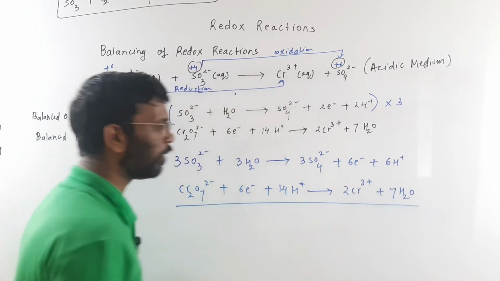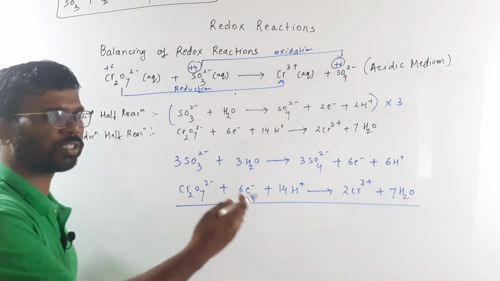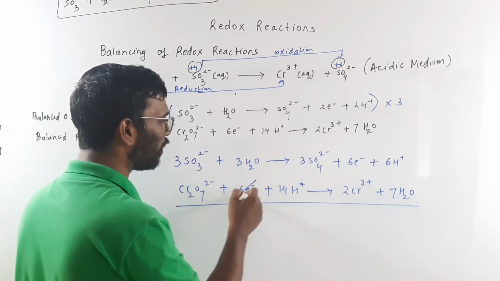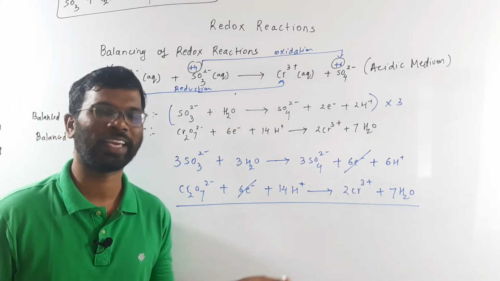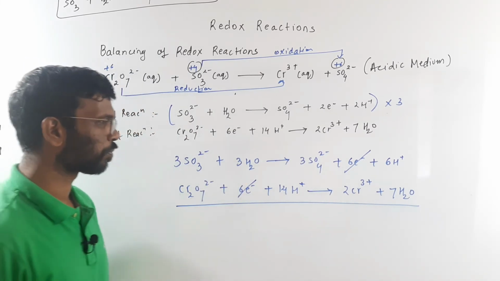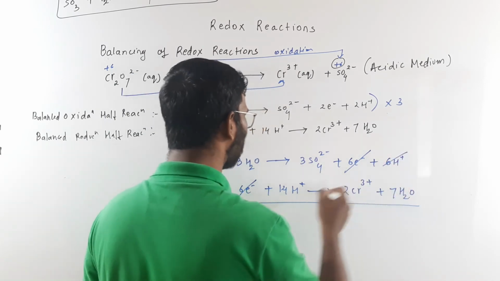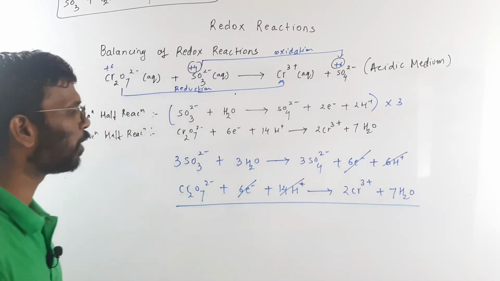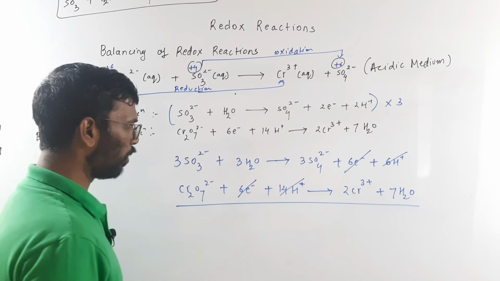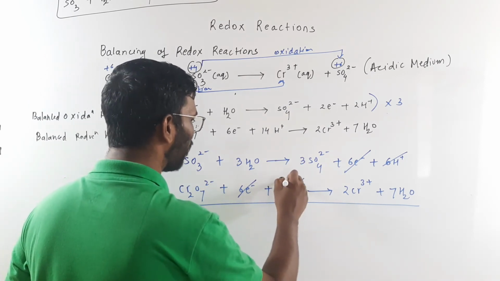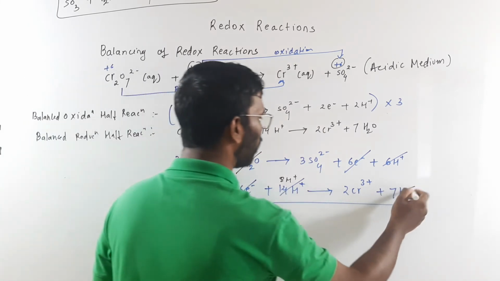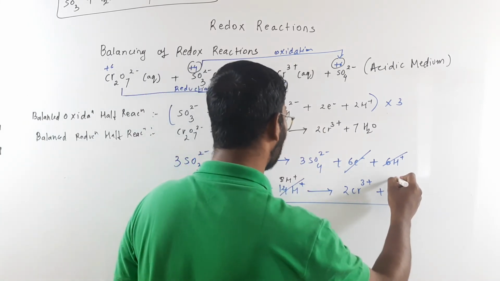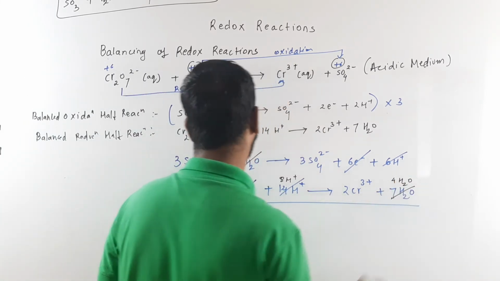Whenever you are adding the reactions, something which is there on the opposite side, like 6 electron and the 6 electron, can be cancelled out. If you cancel this, how many H plus will be remaining? It is 8H plus. Water molecule 3 and 7, so just 4 H2O will be remaining.